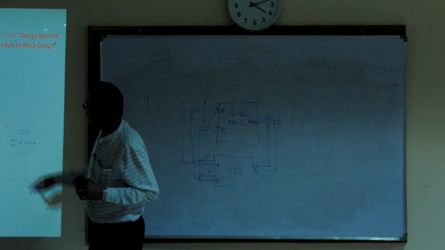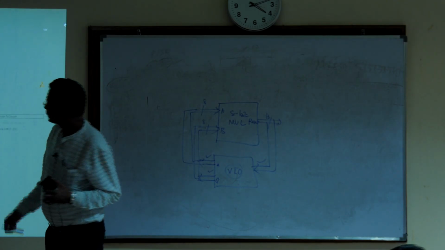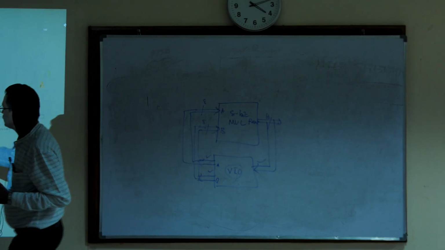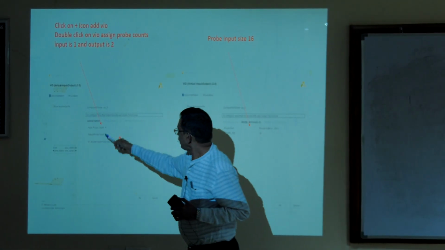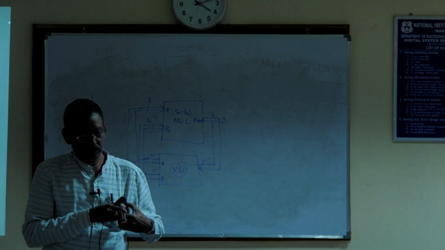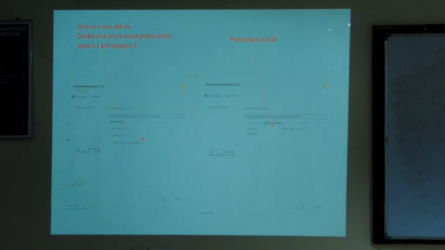So that's why here the VIO port count is 1 and 2. This is input and this is output: 1 input and 2 outputs. That IP we have to select here.